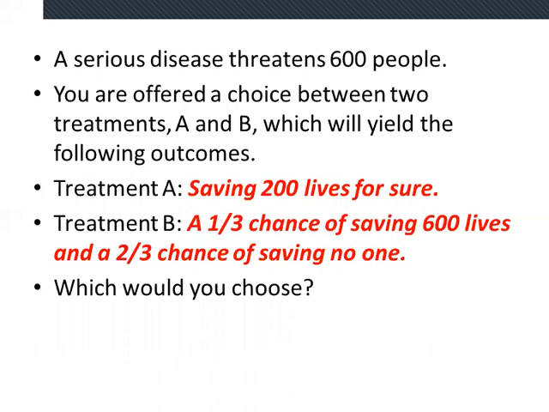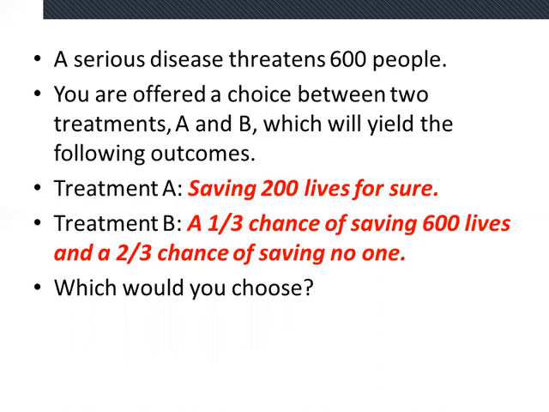saving no one. Look at both these sentences, which are given in red. Both sentences seem to be giving the same result, but the way in which both sentences are given is extremely different. Treatment A says that it will save 200 lives out of 600 for sure.